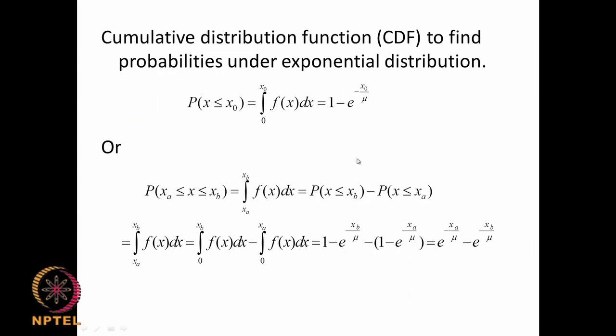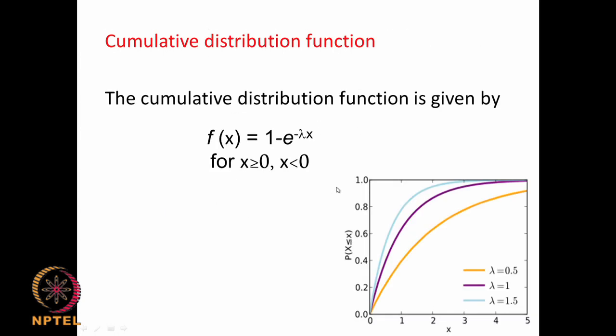So, the cumulative distribution function is nothing but the integral from 0 to x naught for x less than or equal to x naught, so 1 minus e power x naught by mu. Okay. So, I can integrate it and do the substitutions, and you can end up having this type of relationship. That gives you the cumulative distribution function.